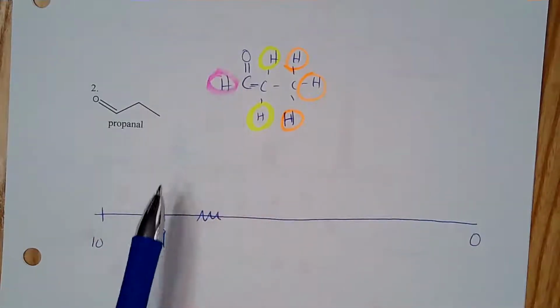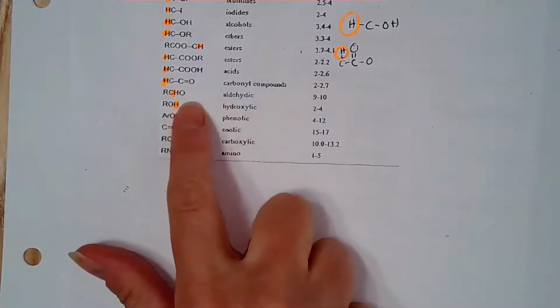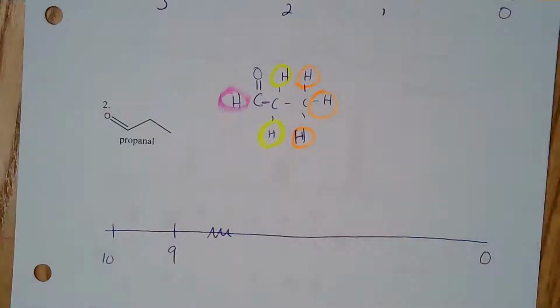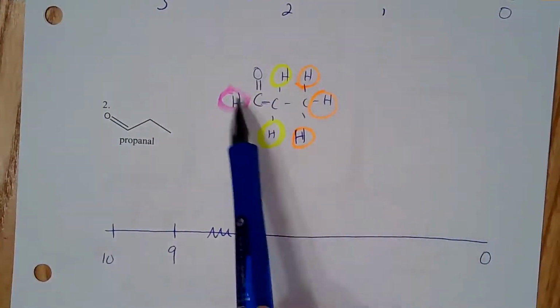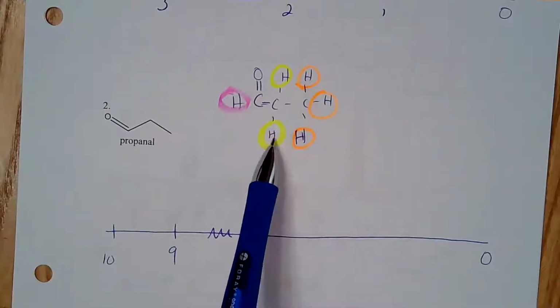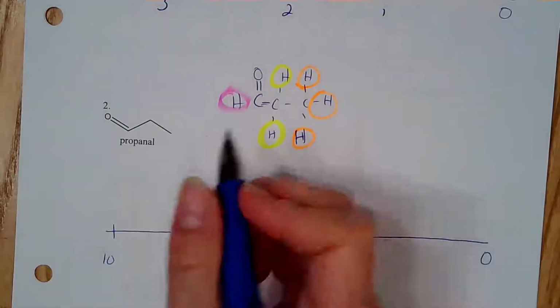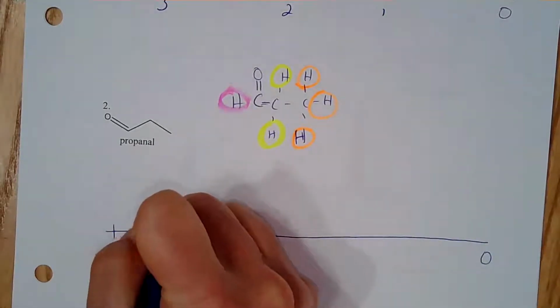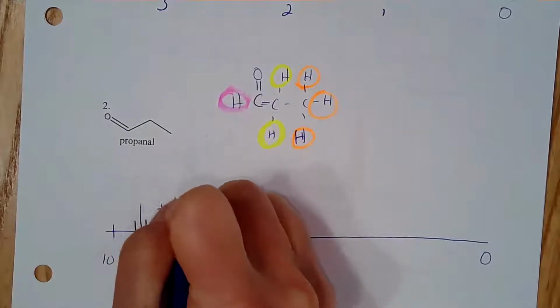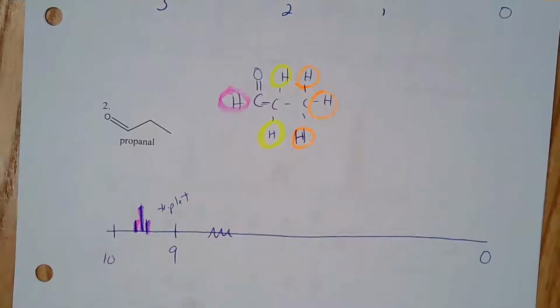So this hydrogen is the aldehyde hydrogen, and it sees neighbors. My aldehyde has to be between 9 and 10, but how many neighbors does it have? This carbon is the only neighbor, which is good news, but you have 2 hydrogens on that carbon. So this splitting pattern needs to be a triplet, and it's going to be relatively small because it is just 1 hydrogen.